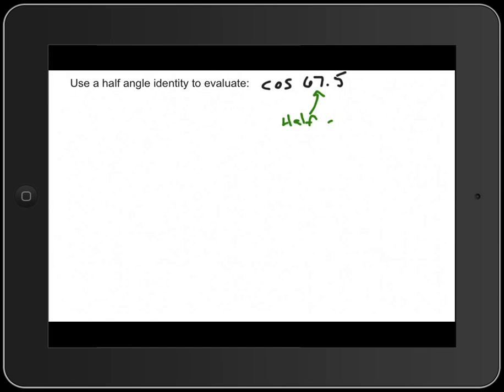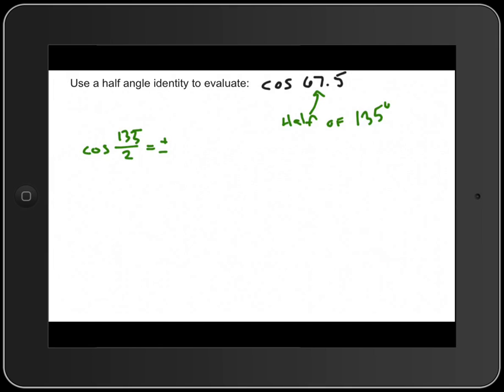Half of, well, double 67.5, that takes me up to, boy, 135 degrees. Okay. So the problem we're actually going to solve here is that the cosine of 67.5 can be thought of as 135 over 2.